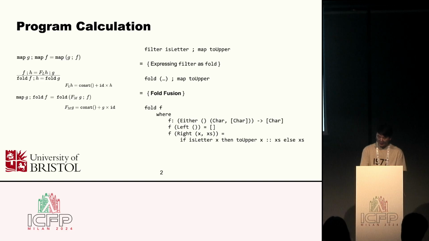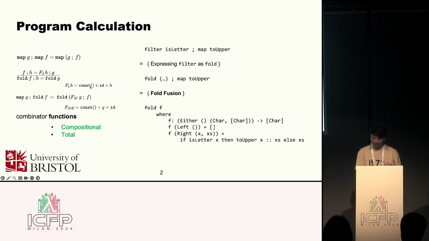However, since the calculation laws are semantic preserving, we prove that the final program is equivalent to the original program without looking into the complicated function f. So essentially, to calculate a program, one would first express the program as composition of combinator functions and use those calculation laws to perform program transformations. Being functions, those combinators usually have the expected nice properties of being total and compositional.